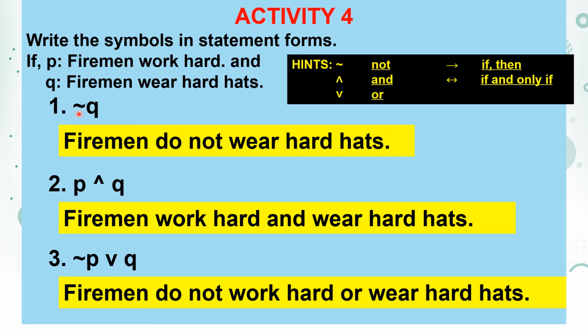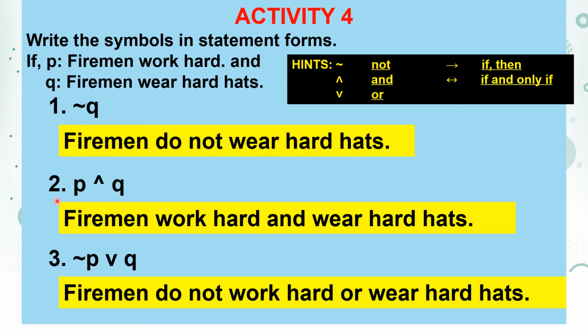This symbol is for negation, and we read this as not Q. Negation means it's the opposite of this statement. So the opposite of Q, which is firemen wear hard hats, is firemen do not wear hard hats.